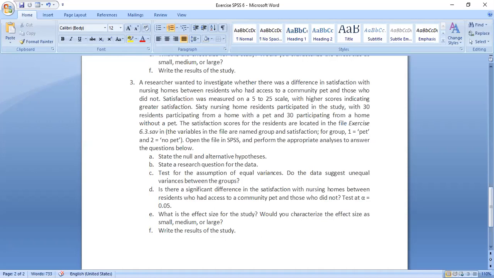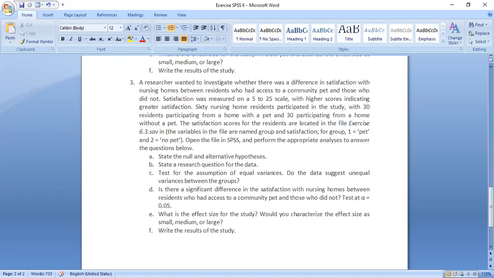So these are the questions we have got. So again, just trying to have an understanding of the question. A researcher is investigating whether there's a difference in satisfaction with nursing homes between residents who had access to community pets and those who did not. And this satisfaction is being measured on a 5 to 25 scale, with higher score indicating greater satisfaction.